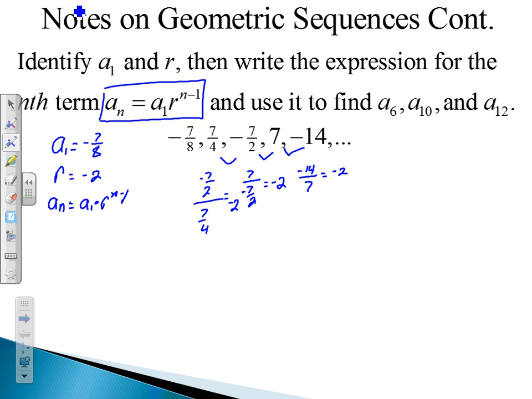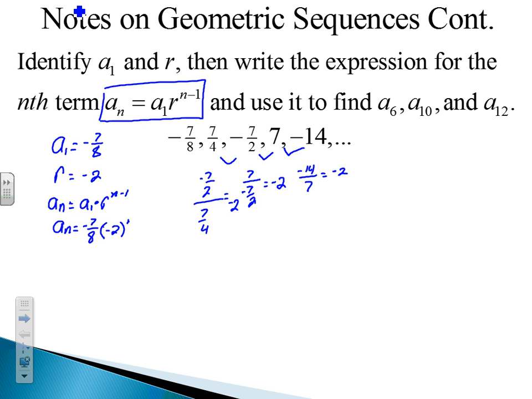Substituting those values into the generic function, a sub n would be equal to negative 7 over 8 times negative 2 to the n minus 1 power. And so here are the first three things it's asking us to find: the first term, the common ratio, and the equation or the rule for this particular one.